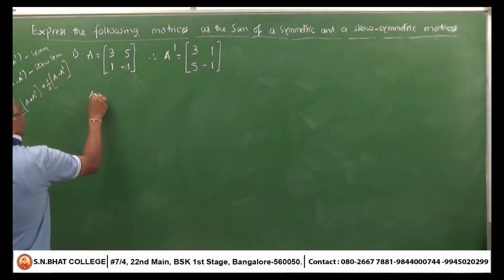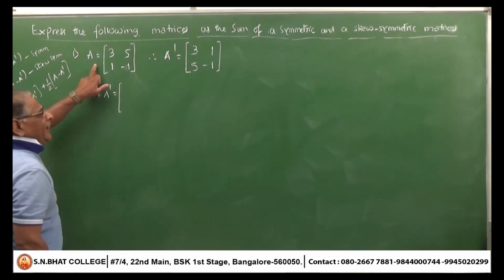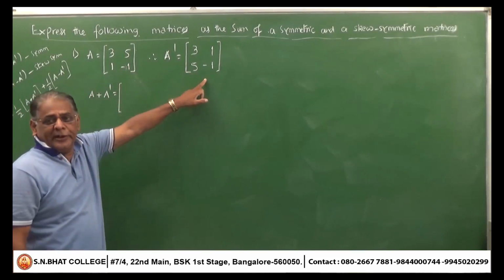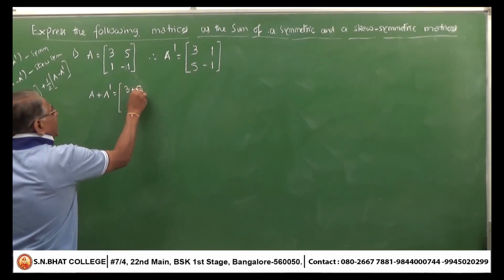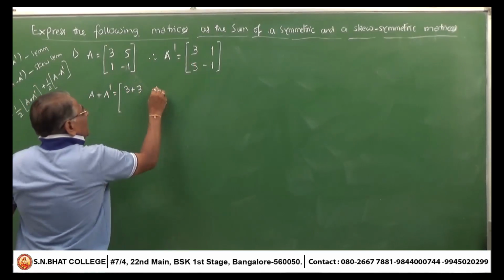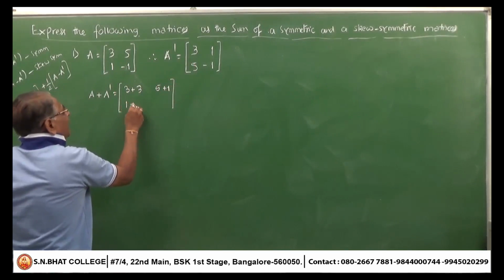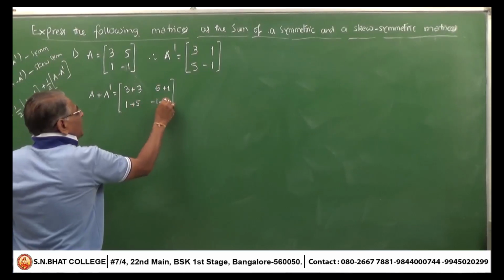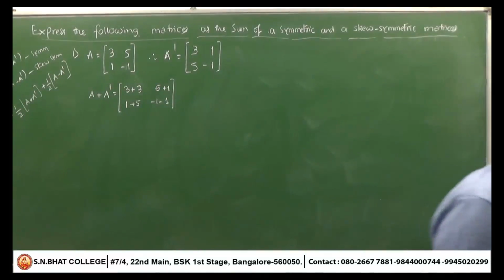A plus A transpose is, add these two matrices. This is A, this is A transpose. Add the corresponding elements of the two matrices: 3 plus 3, 5 plus 1, 1 plus 5, minus 1 minus 1.